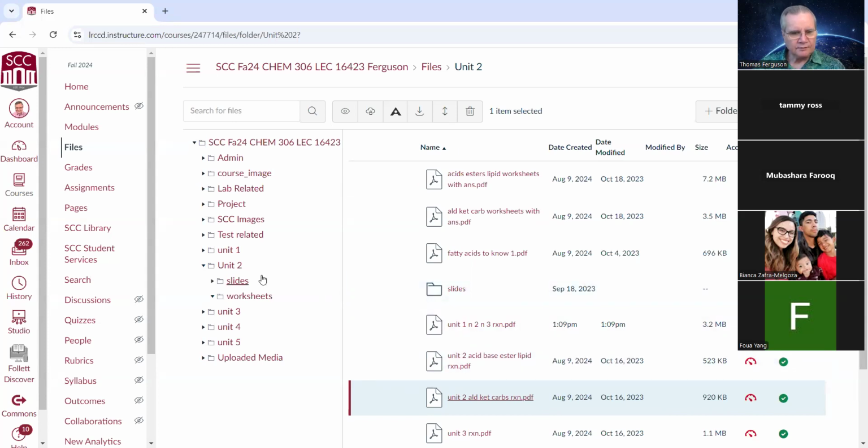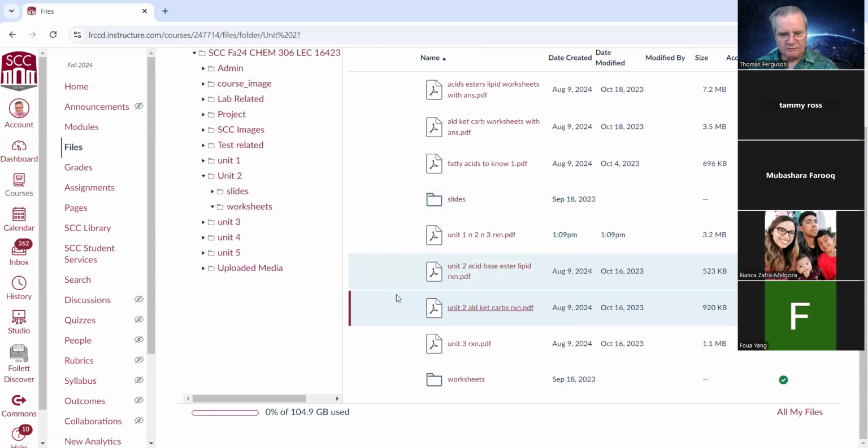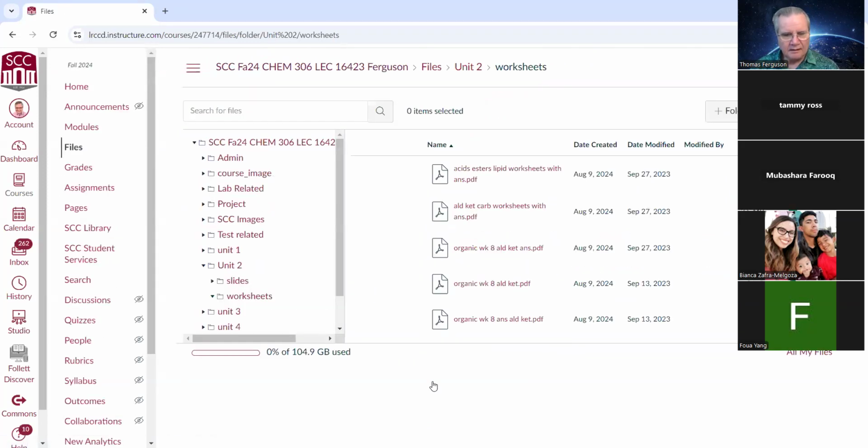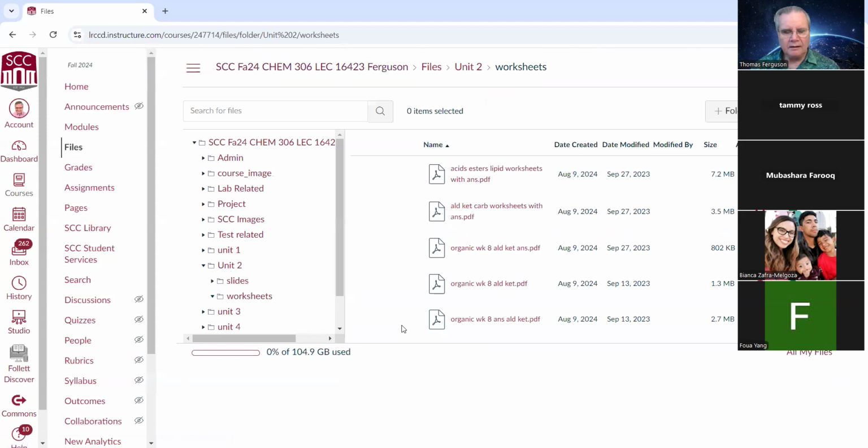So go to Unit 2 worksheets. Thank you for asking that. Thank you, Professor. I know you have the zoomed in version, but I think it just helps me understand better when I can see where it actually comes down from. That's why I created them. Yeah, I agree. Yeah, thank you.